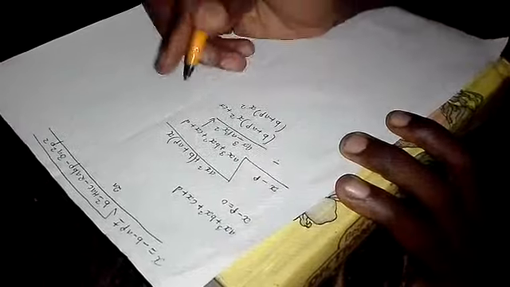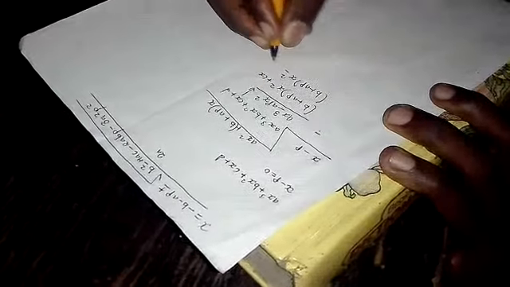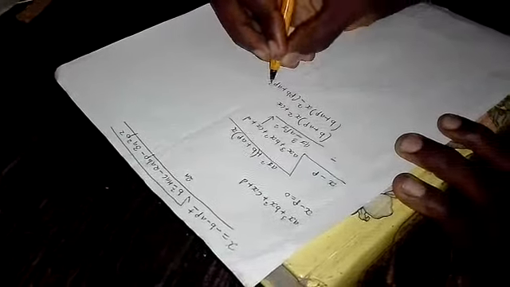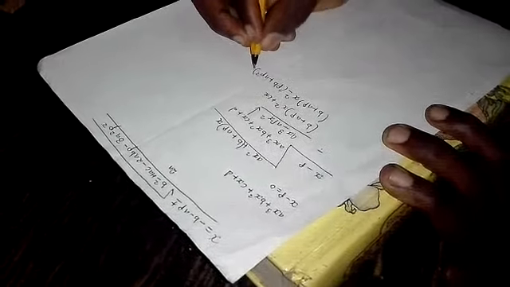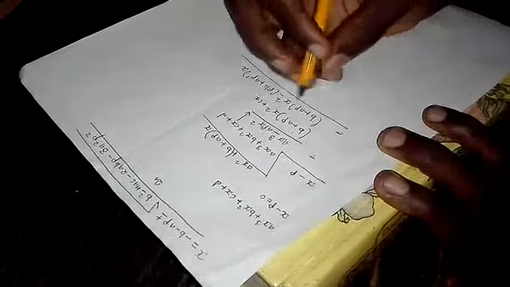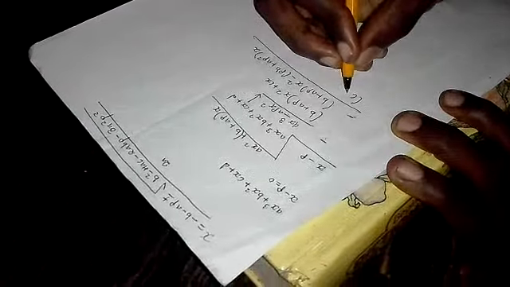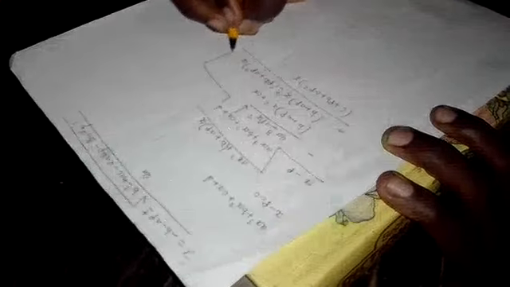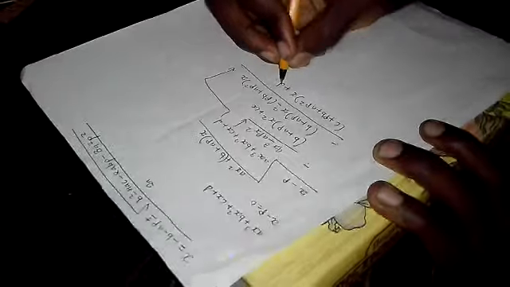Then this times negative p, it will be negative pb plus ap squared x. Then you subtract, this and this will be positive, so it will be c plus pb plus ap squared x. Then you bring down plus d.